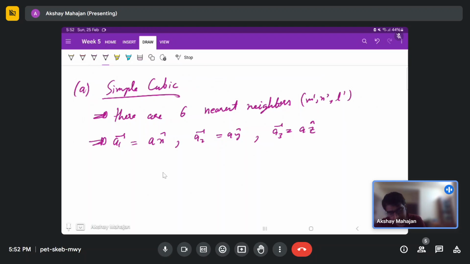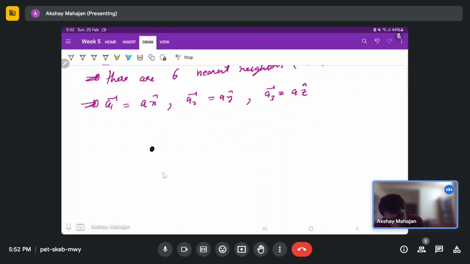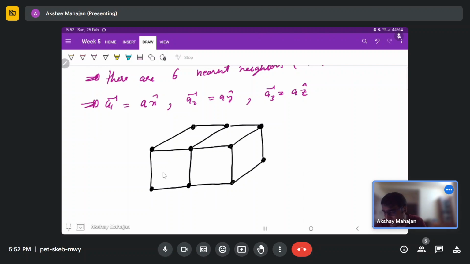So let's say for the simple cubic, let me just make a simple cube now. Let's say this is my simple cubic structure, 3D.